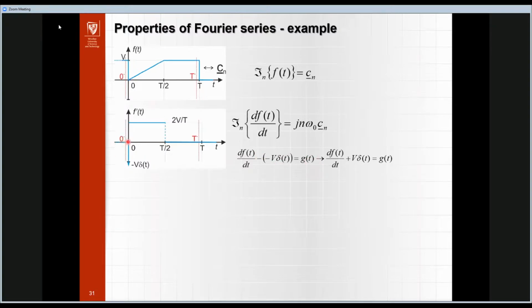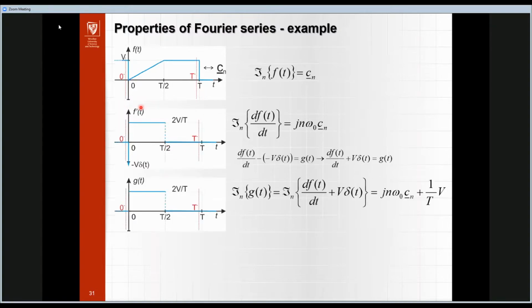The g function is the function of this picture without the delta. Now we make the differentiation of the g function.